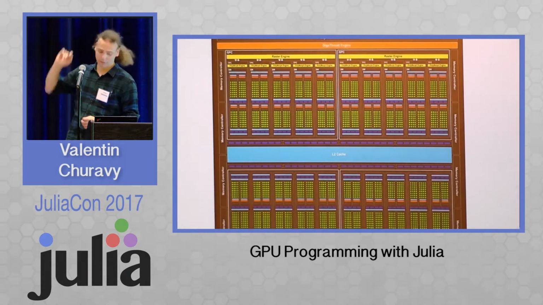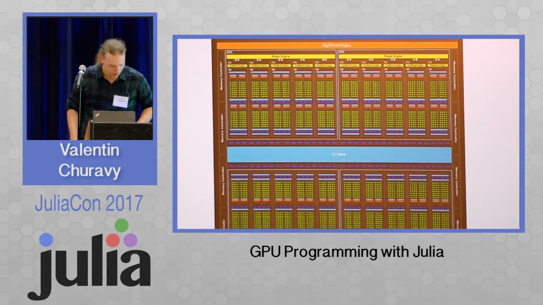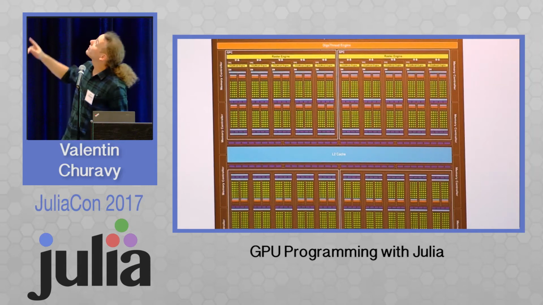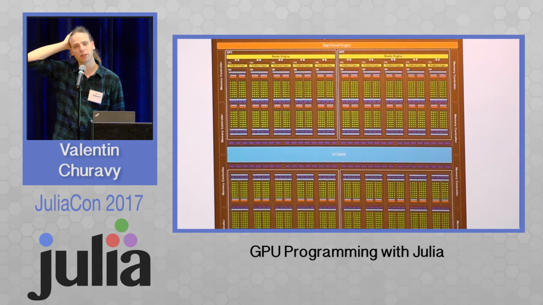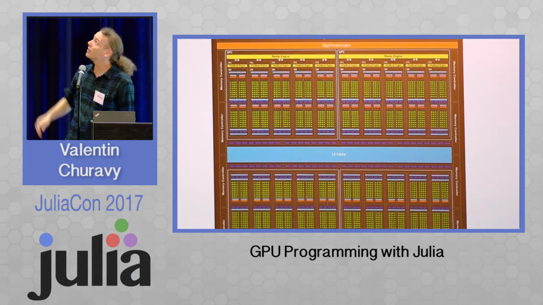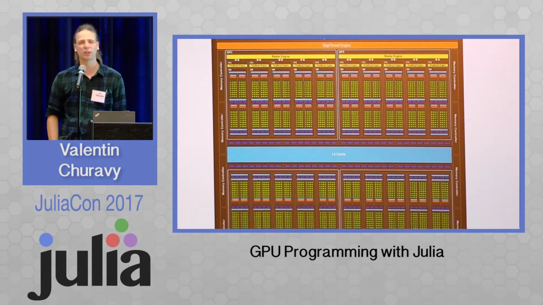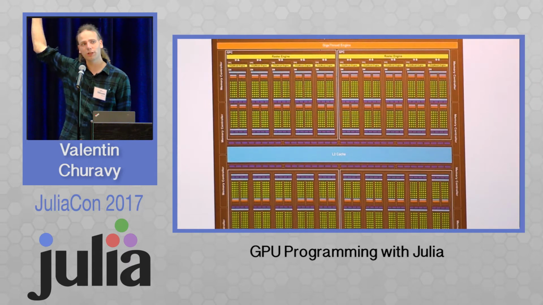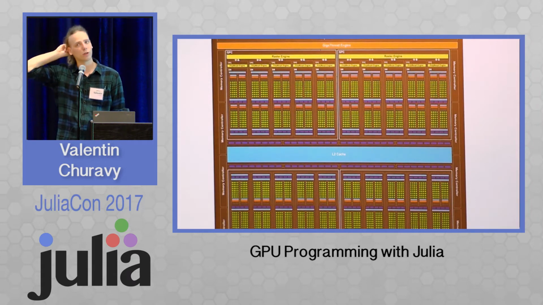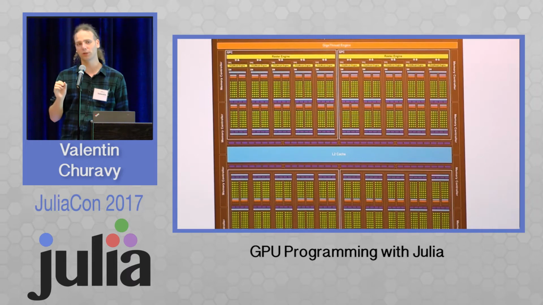This picture is from a current day NVIDIA GPU. I think it's a GP104, which is a 1080 of the current generation. And all the green blocks you're seeing are CUDA cores, semi-independent computational units.